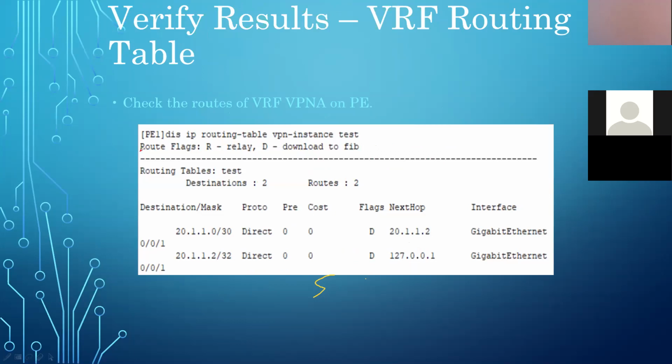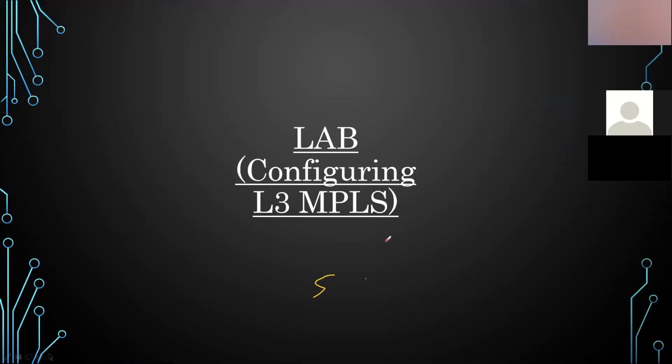That means on the PE1 using display ip routing-table vpn-instance test, we'll see the routing, that means the one that is advertised using the next hop for the VPN. And after that, we are going to see it on the lab. Let me change this to the lab.